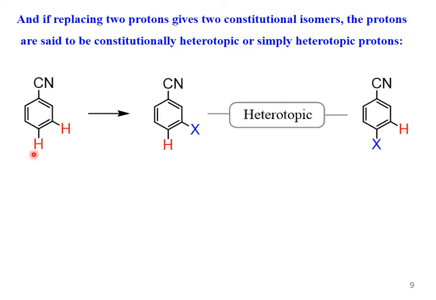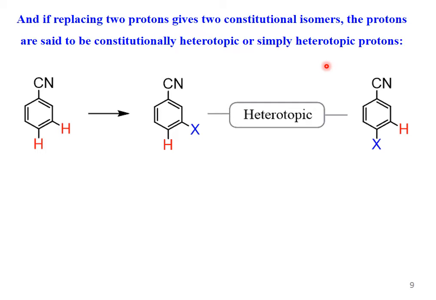And if replacing two protons gives two constitutional isomers, the protons are said to be constitutionally heterotopic, or simply heterotopic protons. Let's say this is a structure of benzene and a cyano group is placed, cyanobenzene. This is one proton, this is another proton.